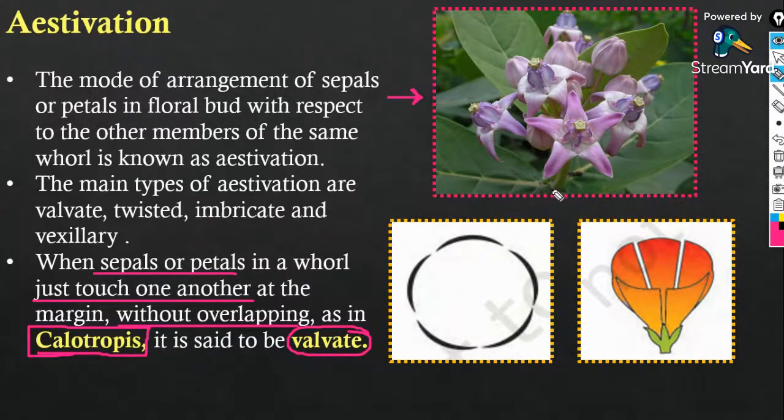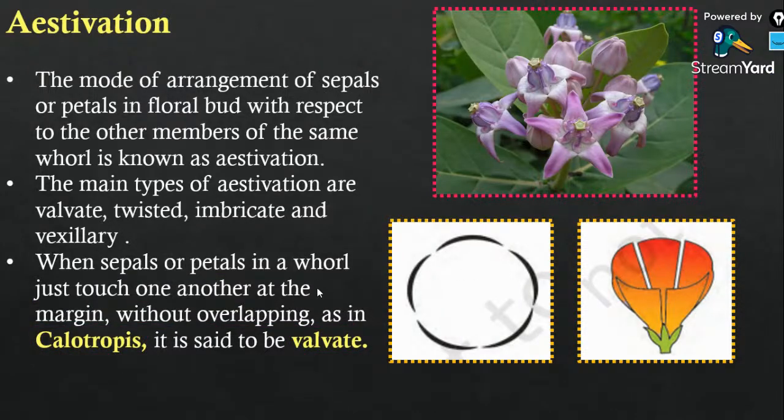Such a kind of aestivation you will call valvate aestivation. Anyway, they can ask you the question by giving you statements like this: when sepals or petals in a whorl just touch one another without overlapping, as seen in which flower?